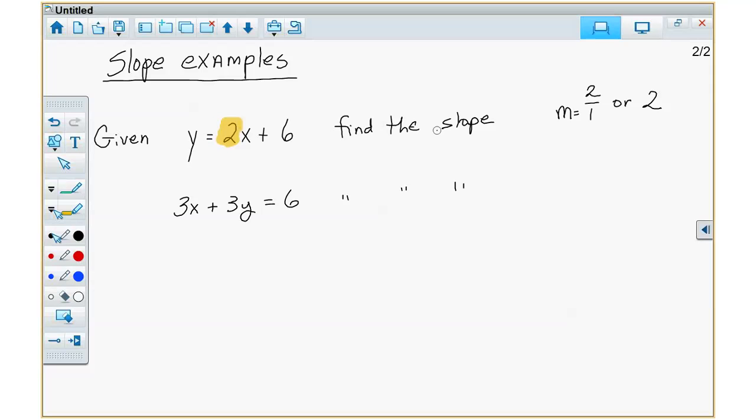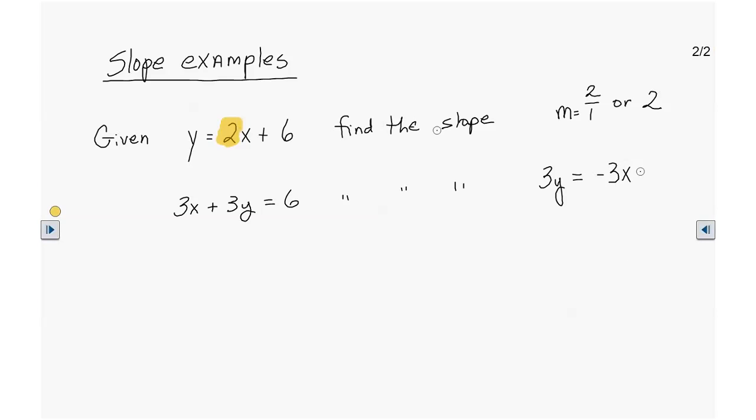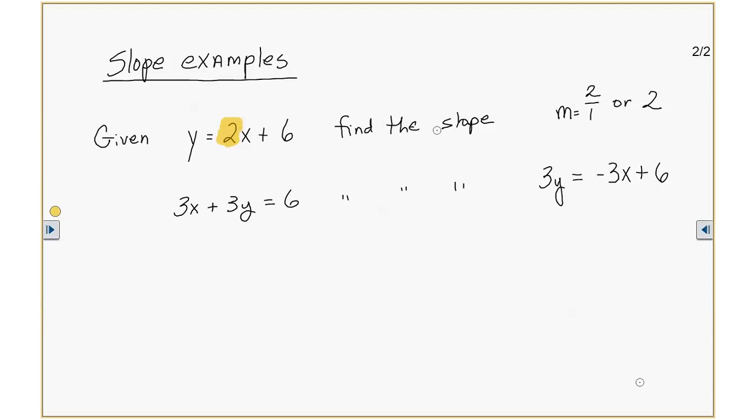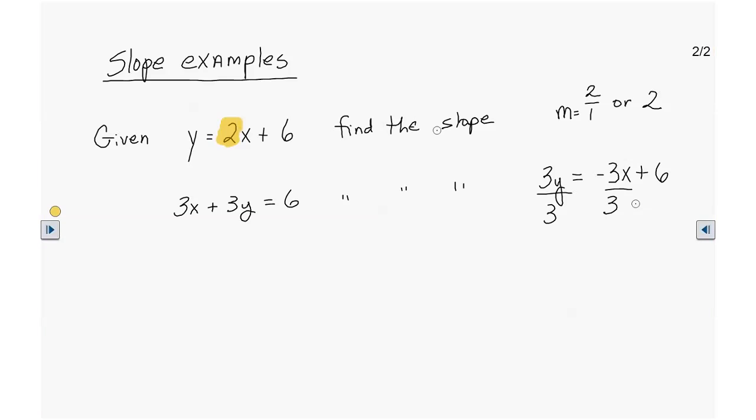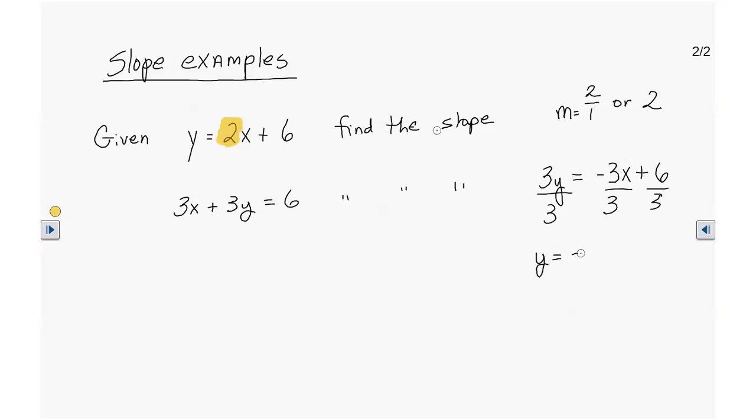That's what I just said on the previous page. I was supposed to remember what I wrote on the previous page. Negative 3x plus 6. Y'all still on vacation. And now what? Divide by what? Divide by 3. And y is equal to negative 1x plus what?